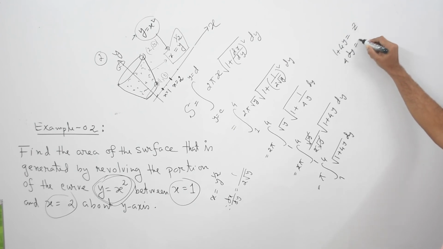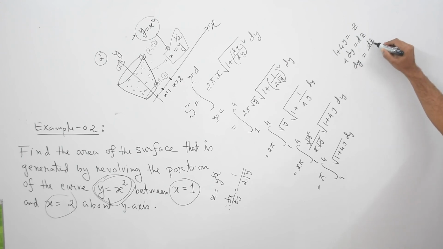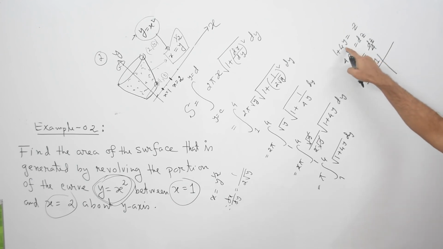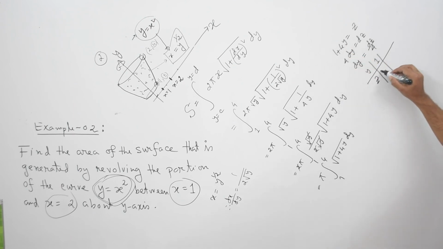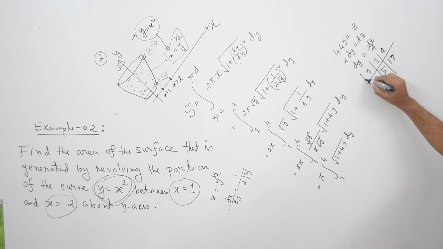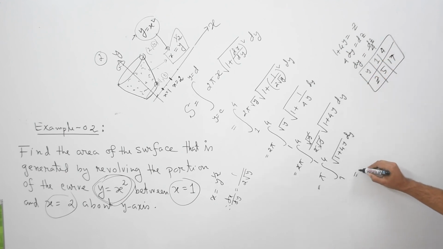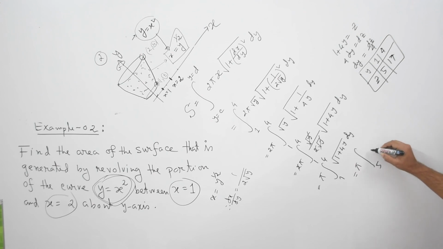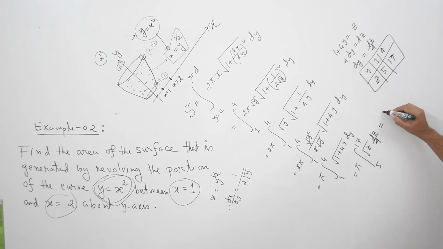So 4 dy equals dz, therefore dy equals dz by 4, and the corresponding value of z will be, when y equals 1, z will be 5, when y equals 4, z will be 17. So this integral becomes 5 to 17, root z dz by 4, which is equal to pi by 4.